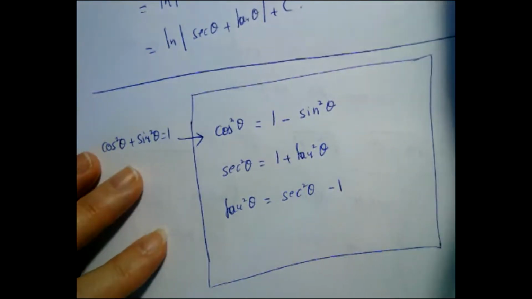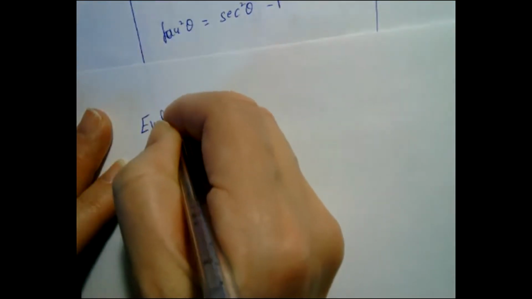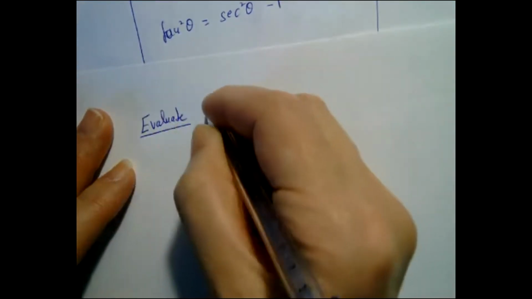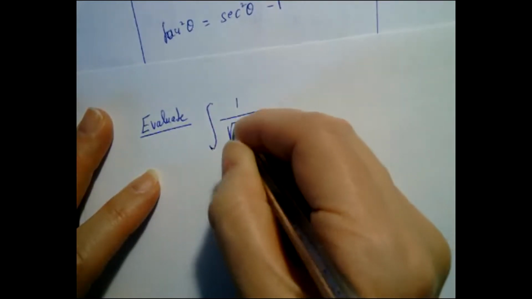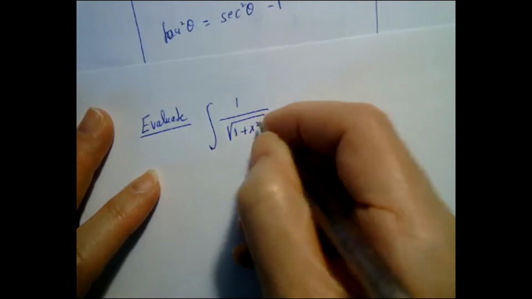We're starting now. Okay. So I'm going to go back. The question is: evaluate the following integral. I did all the prep needed. The integral of 1 over the square root of 1 plus x squared dx.